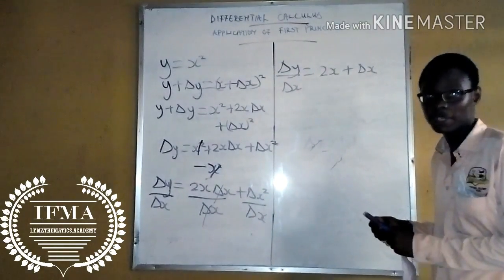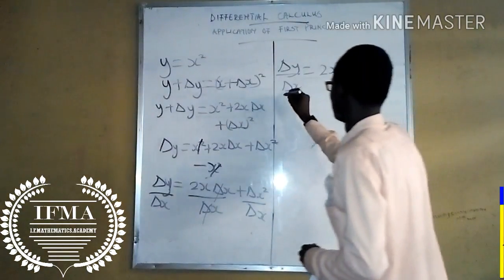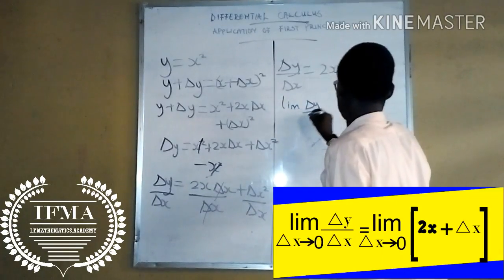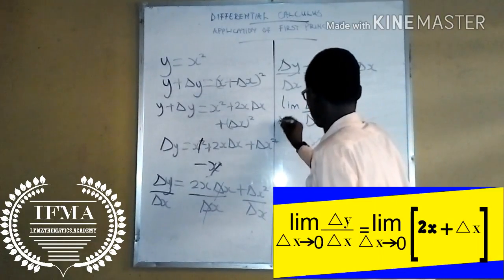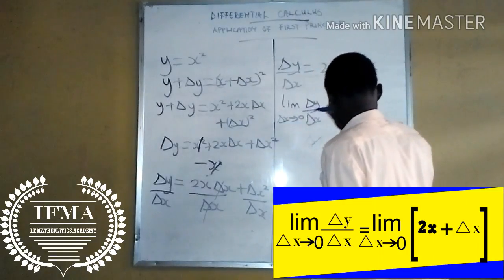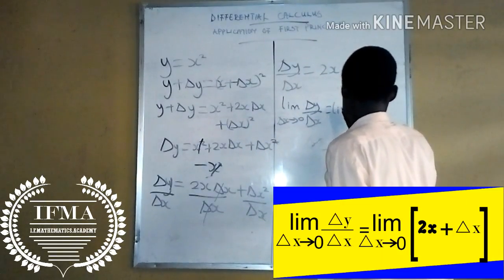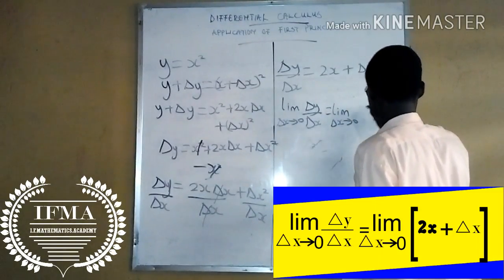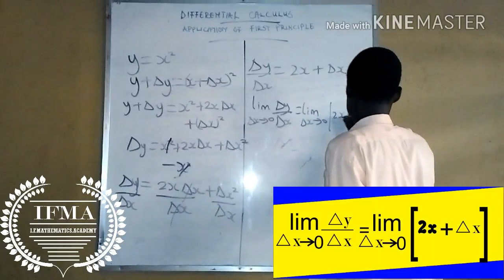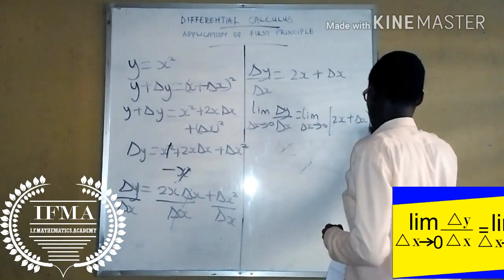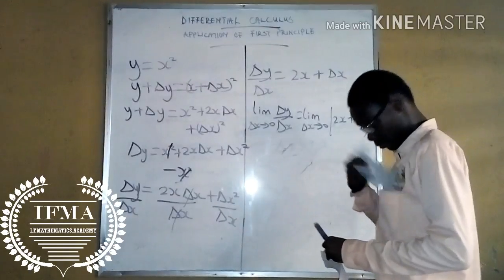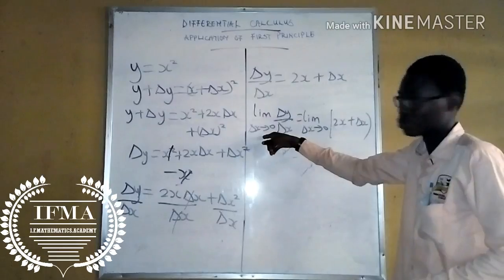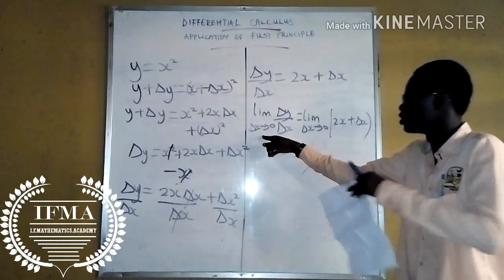Now we can get our limits. As change in x tends to 0, it's going to get to a point where change in x meets 0.